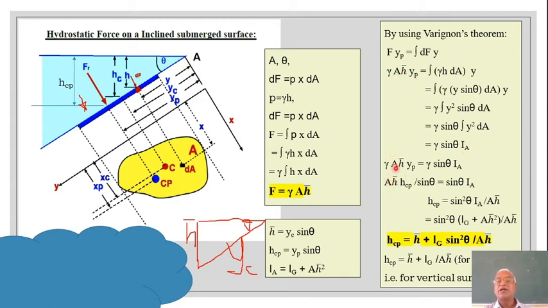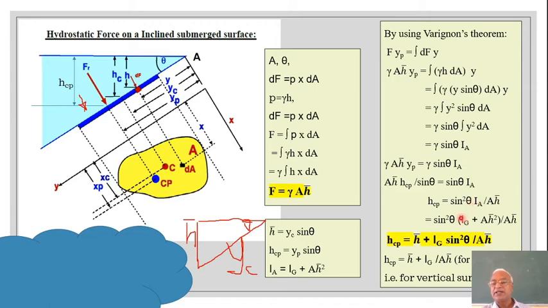Now this is gamma A H bar into yp, but if I replace yp as hcp by sine theta, it will be like this. Now hcp will be equal to sine squared theta IA, and this A H bar comes below. Further simplification will give you sine squared theta into bracket IA by A H bar, right? IA is what?